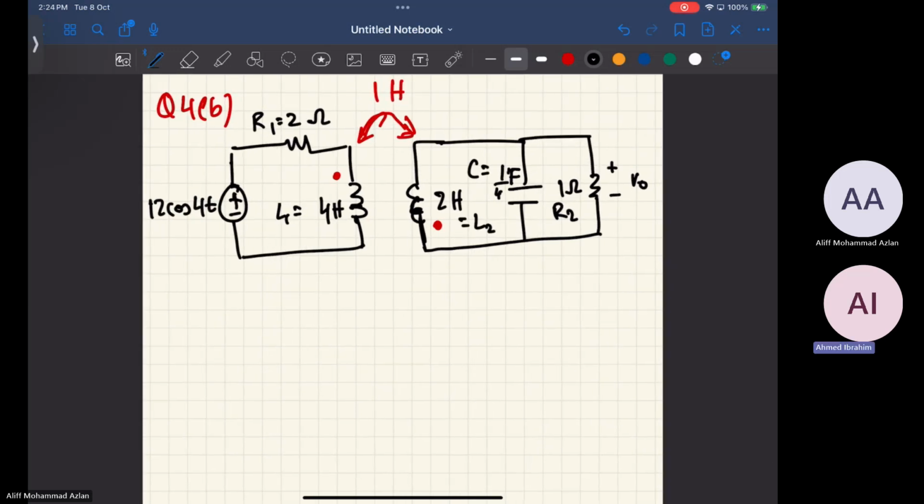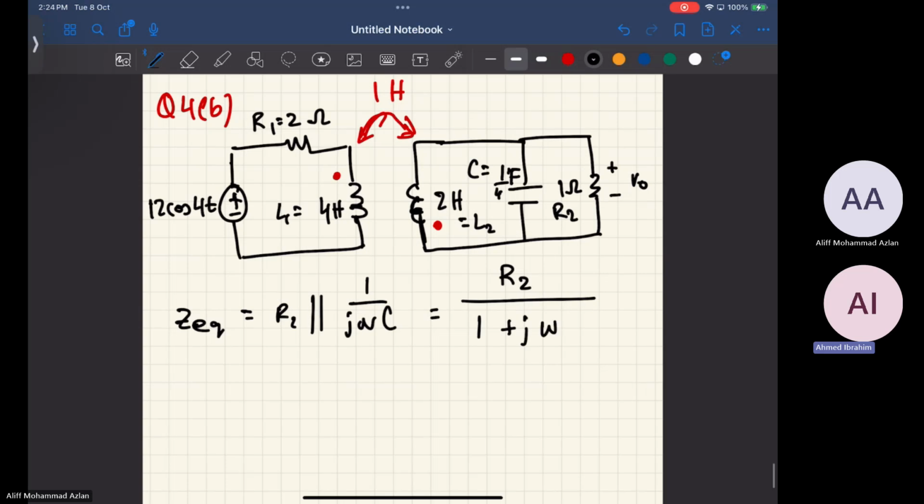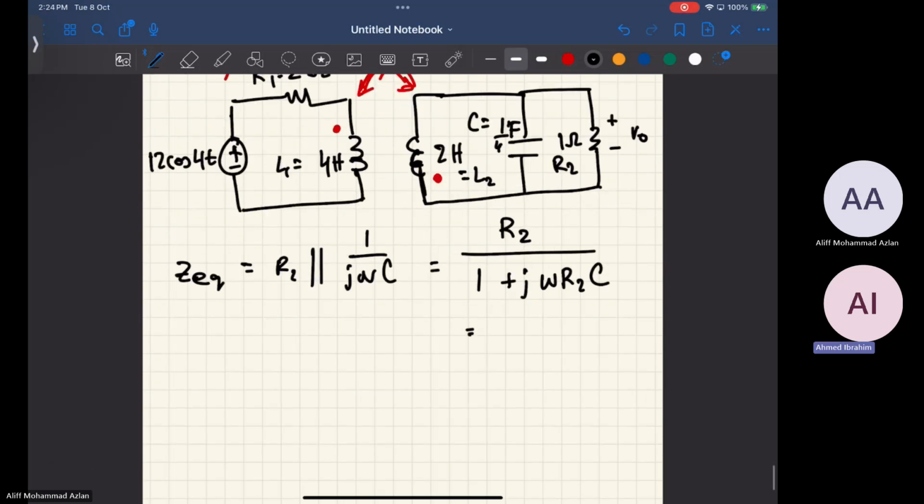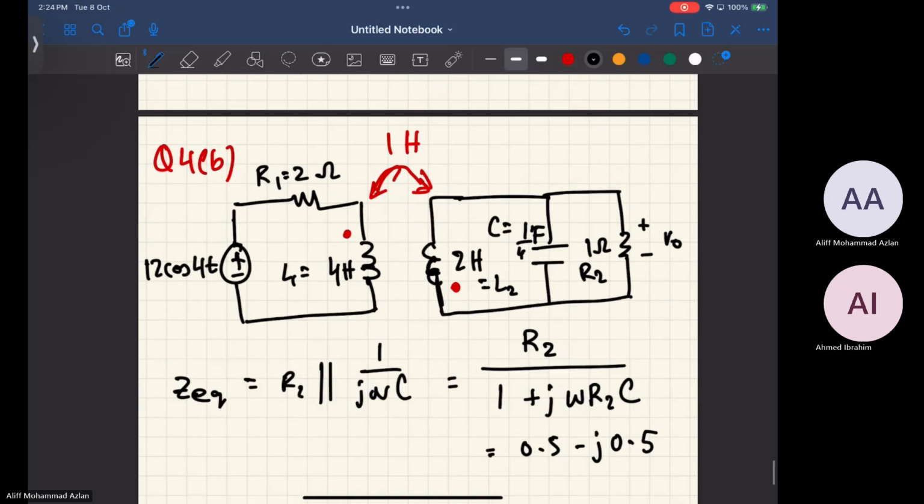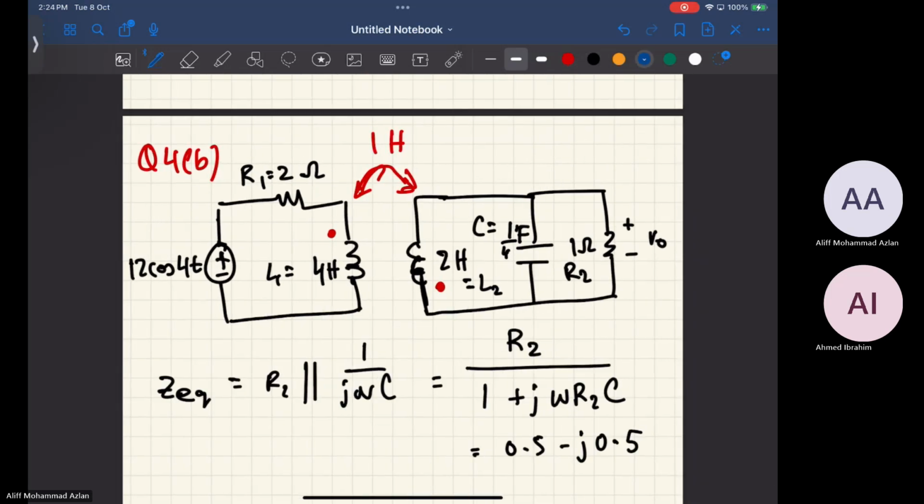So combining the capacitor and the resistor in parallel, that's R2 in parallel with 1 on J omega C, which gives us R2 over 1 plus J omega R2C. That's equal to 0.5 minus J. Now I'll label the currents I1 and I2.